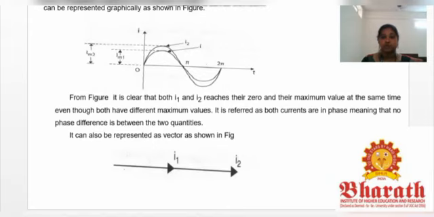So in this condition I say the two currents I1 and I2 are in phase with each other, that is, there is no phase difference between the currents I1 and I2 in the circuit. So I call these two currents in phase with each other.